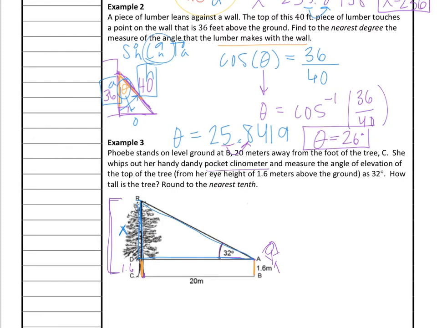And then in the very end, the whole entire height, RC, is made up of x and 1.6, so we add them together. So when we're asked for how tall the tree is, it's x plus 1.6. Don't forget to add that 1.6 back in.